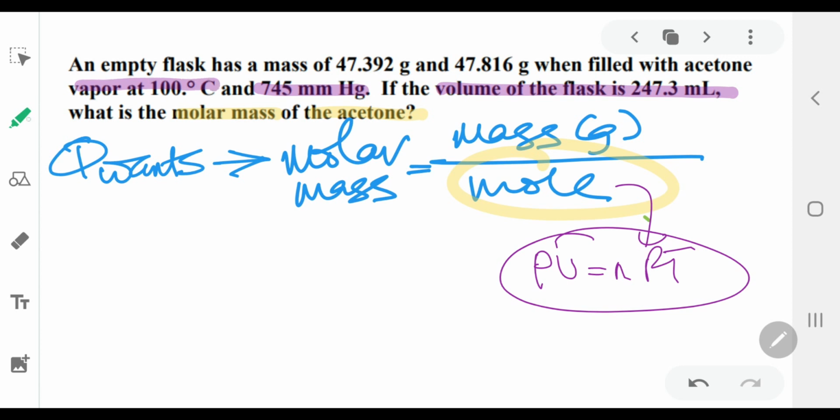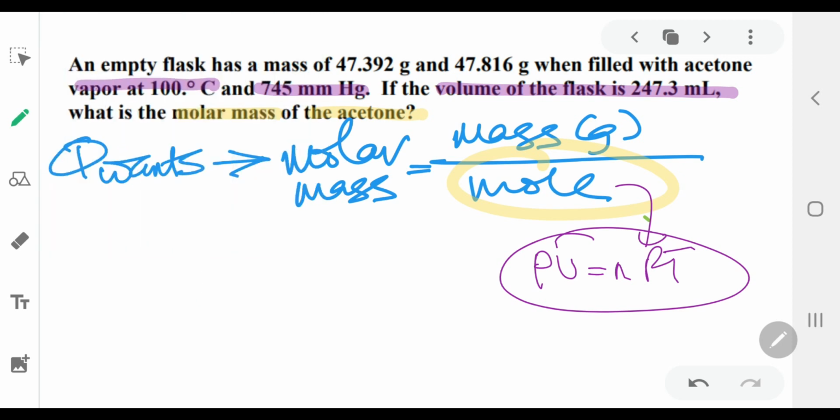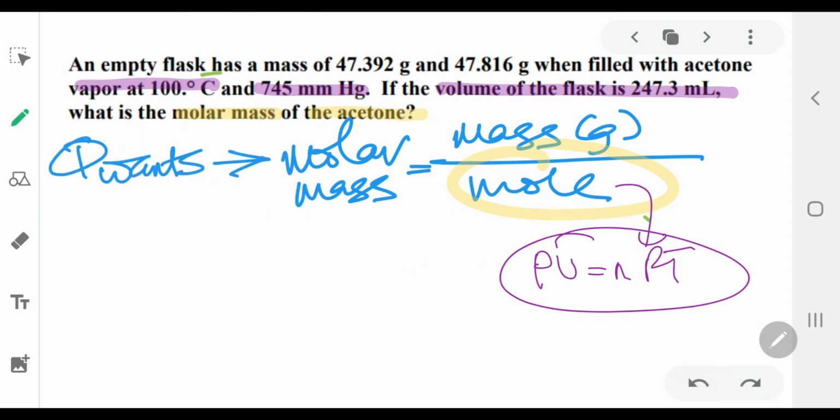Yes, temperature is also given to you. So it's very obvious that we have enough information. You have your temperature, your pressure, and your volume right over there. So we can work out the number of mole first.